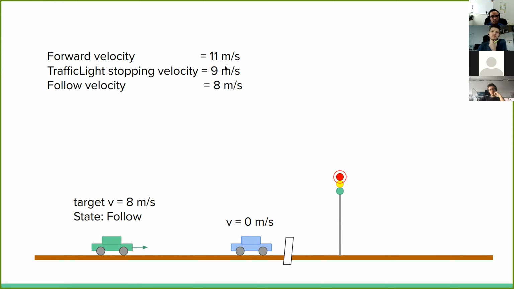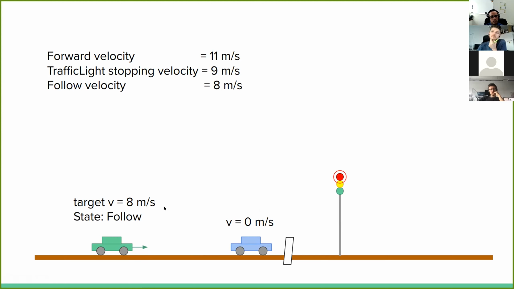We calculate the speed profile, and we get that at this point we would need to drive with 9 meters per second. And now we have a car already standing here with velocity of 0. So we calculate also taking into account the distance and its speed. We know that to stop behind this car at a safe distance, we need to drive currently 8 meters per second.